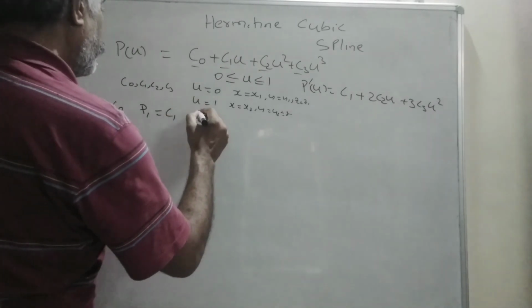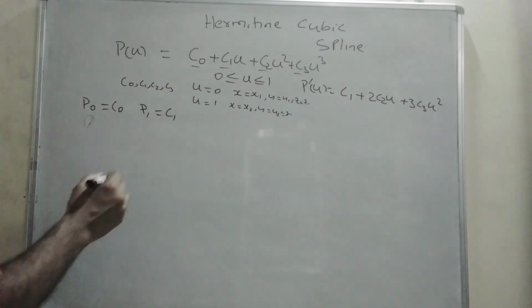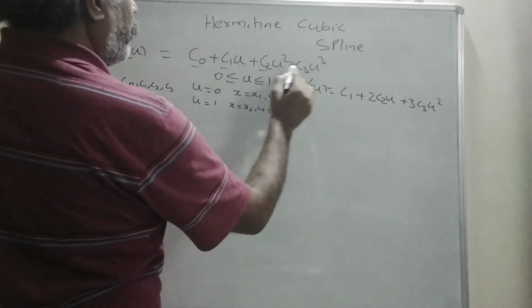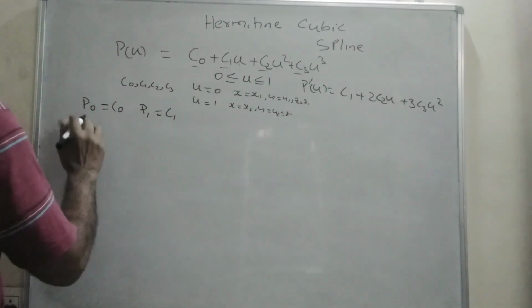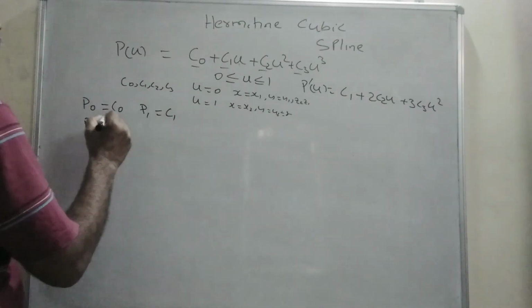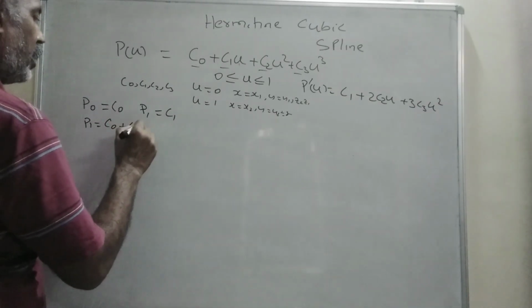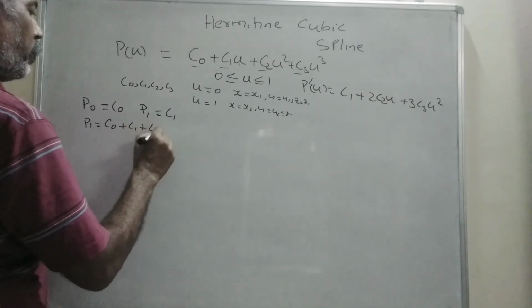If you put u is equal to 1, what will happen? P1 is equal to C0 plus C1 plus C2 plus C3.